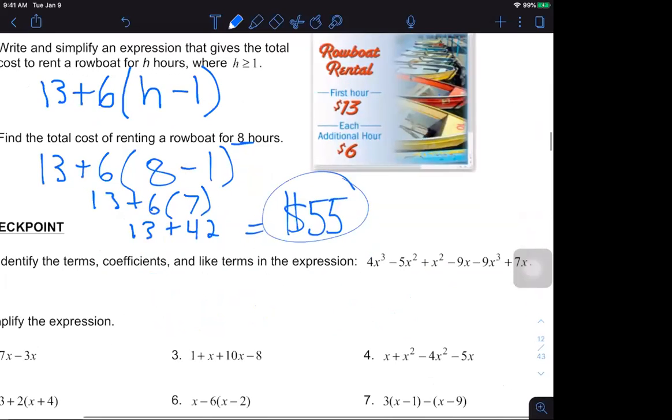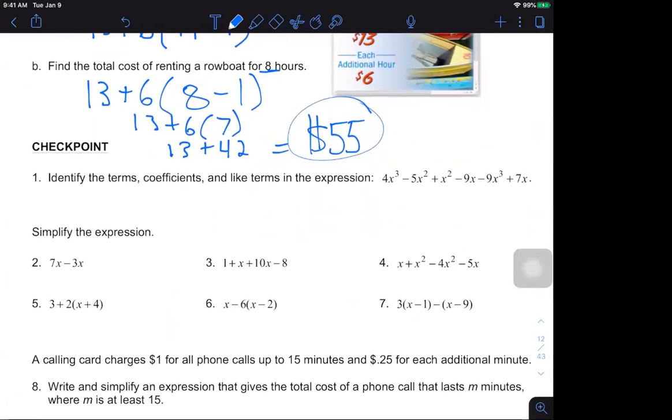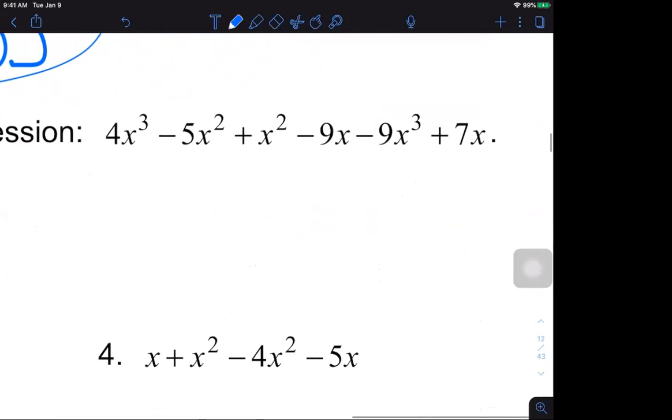Okay, we're just going to do 3 more and we'll move on for today. The first one on checkpoint says identify the terms, coefficient, and like terms of the expression. So I just want to go ahead and make sure that we have our vocabulary down. The term terms is every single one of these is its own term. 4x cubed is a term.